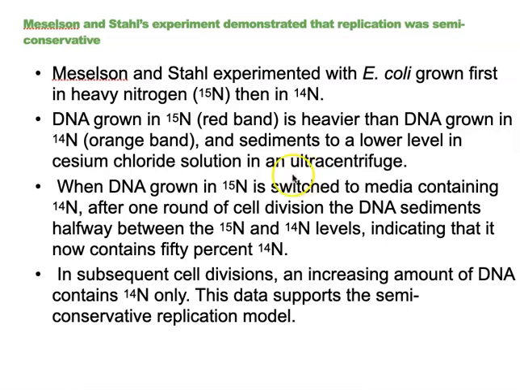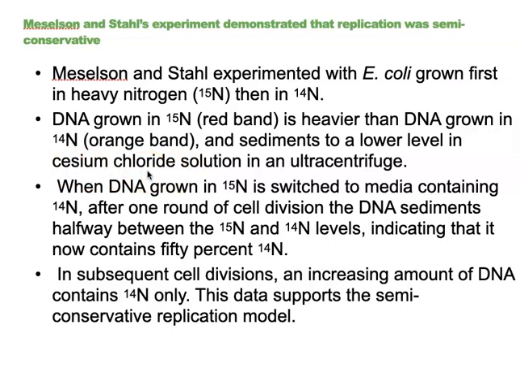So when DNA is grown, you switch the media after one round of cell division, and the sedimentation of DNA should tell you how this all played out. I'll show you in a second, it depends on whether the masses were all 15-15, or 14-14, or some intermediate between those densities, because they're being lowered onto something called cesium chloride.